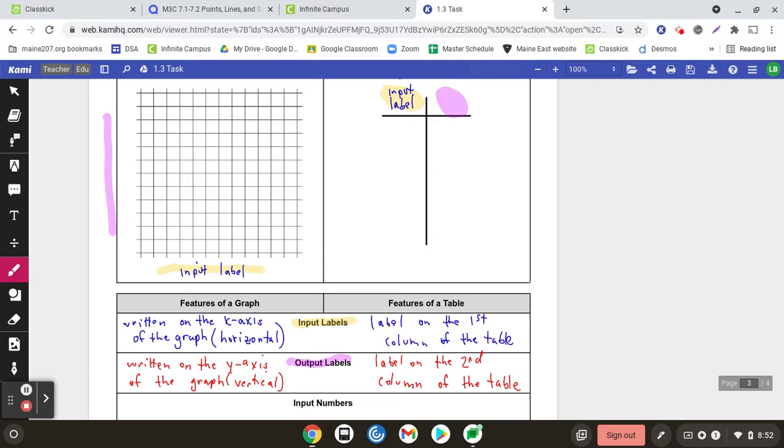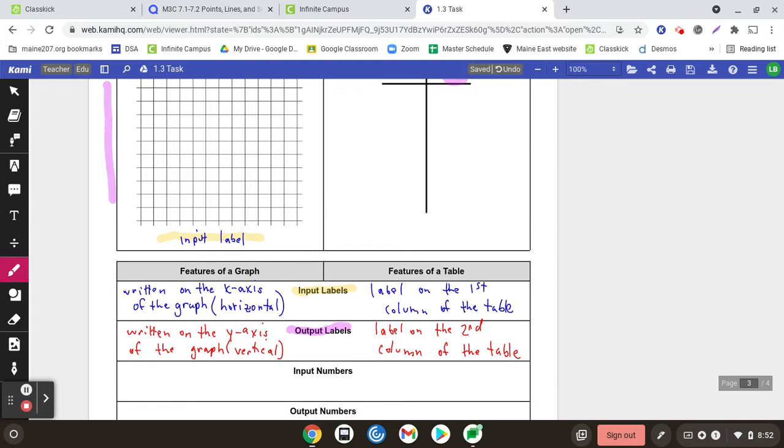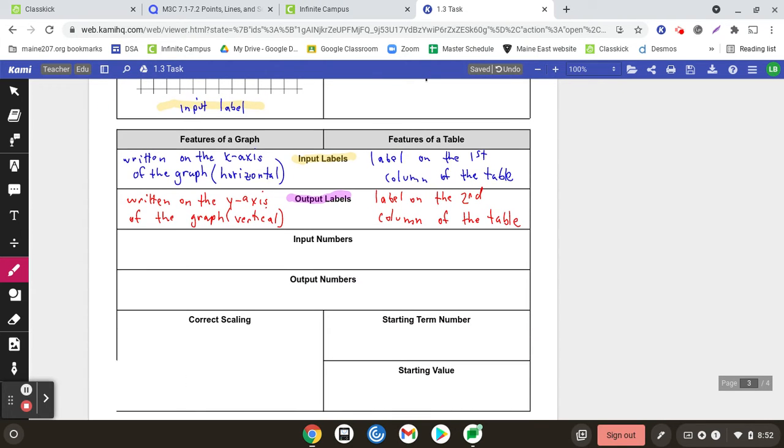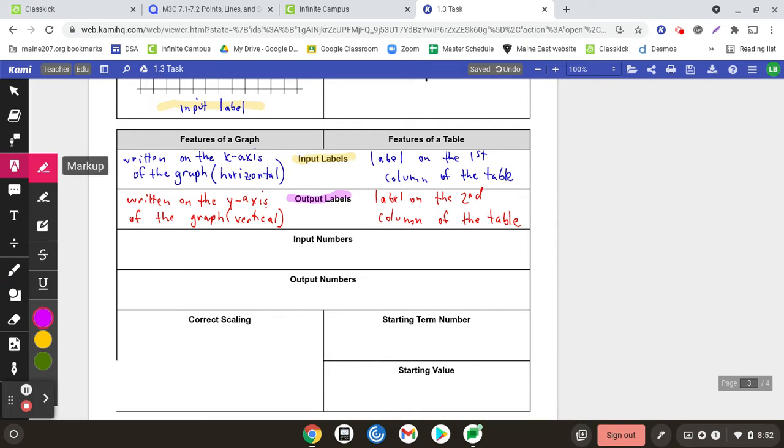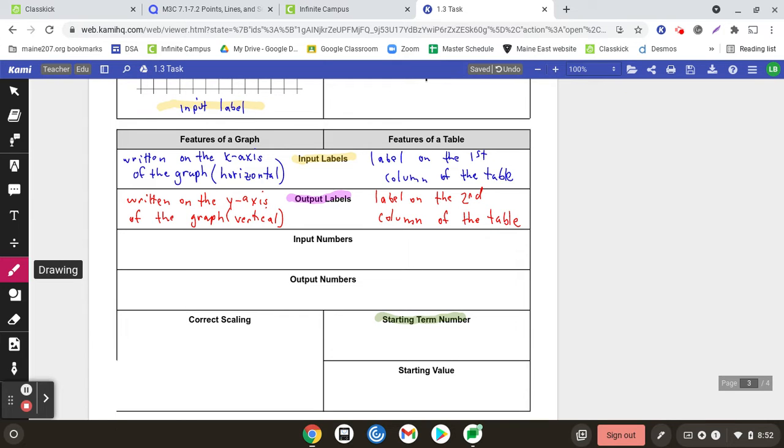Now, I'm going to try and relate this to some other things. So I'm going to scroll down to starting term number. And remember, the starting term number, which we will put, let's go with green. For the starting term number, we asked ourselves the question, when does the scenario start? So remember, it was things like initially, or the first day, things of that nature.